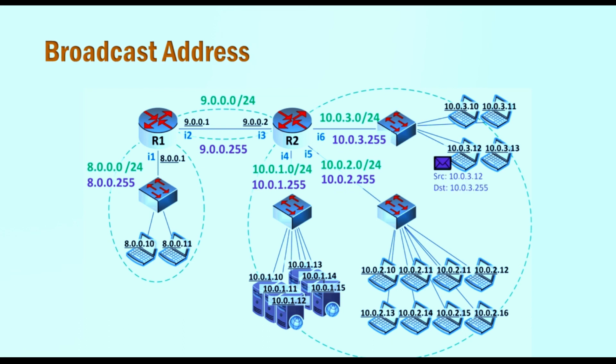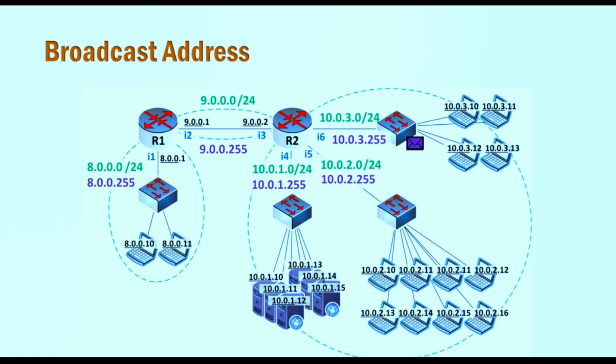Let's look at an example. Let's say that this laptop sends a broadcast packet with source address, its own address, 10.0.3.12, and destination IP address is going to be our broadcast address for this subnet, which is 10.0.3.255.